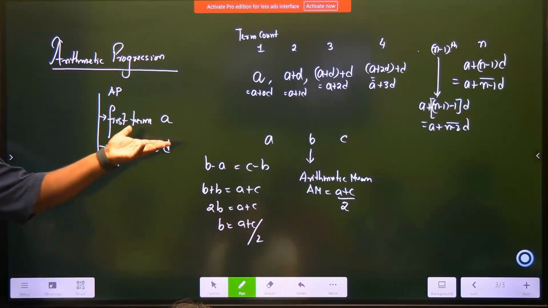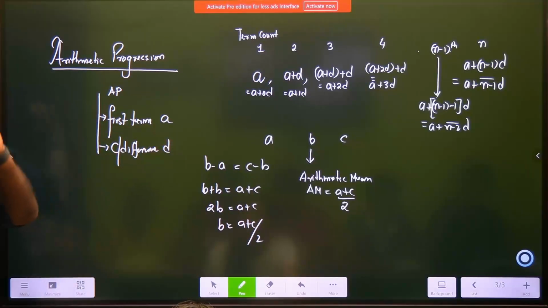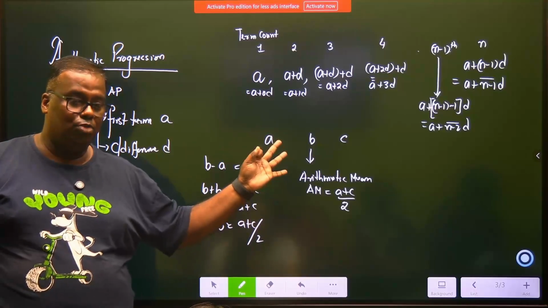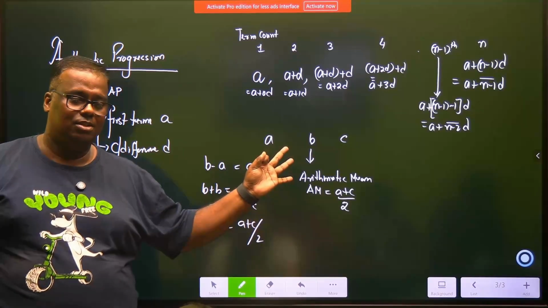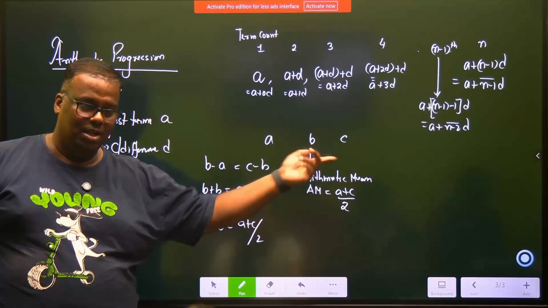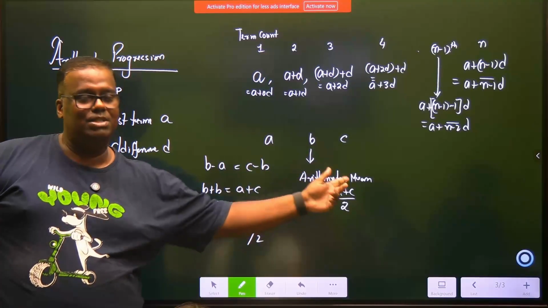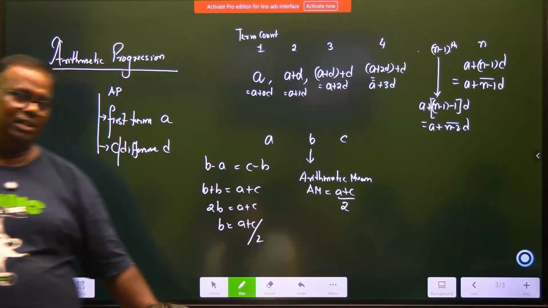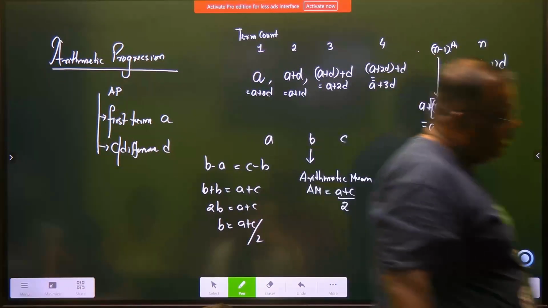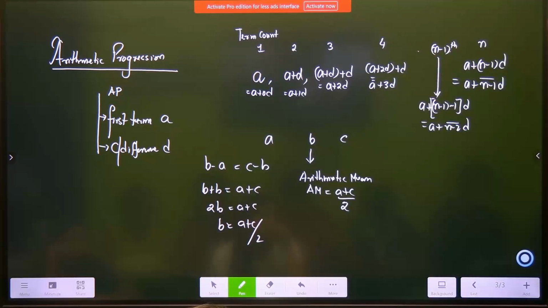If the 3 roots of a cubic function, alpha, beta, gamma, are in AP, then beta is equal to alpha plus gamma by 2. It is already told to you, that is why this is needed. Understood? Very good.